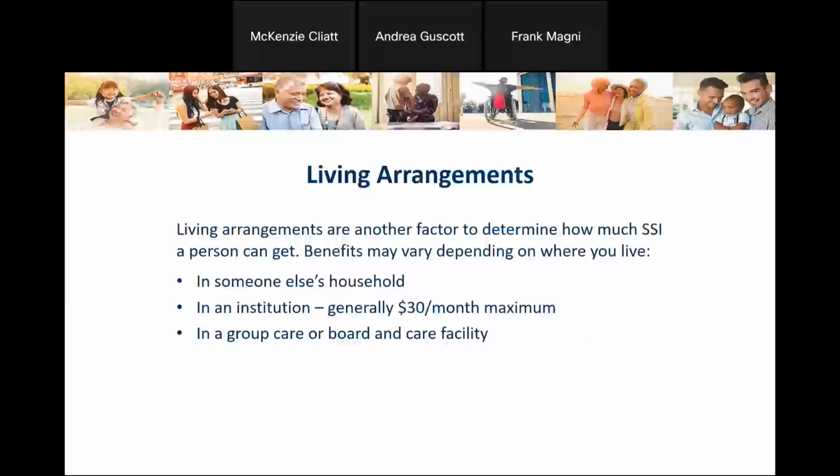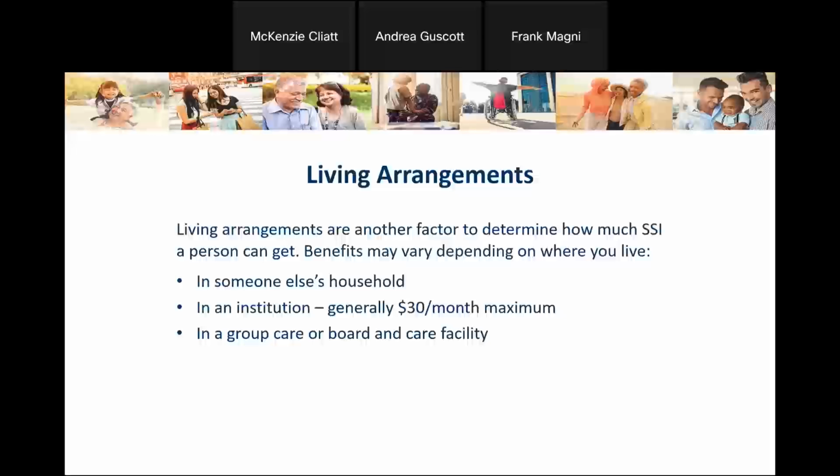One of the more little known parts of the SSI program is known as the living arrangement. Because it is a program of last resort, because it is a needs-based program, the monthly amount of SSI, even after somebody is approved for benefits, can be determined by whether this individual lives in someone else's household. A person that gets SSI but is in an institution otherwise only gets a specific amount of money per month. In some cases, it's $30.